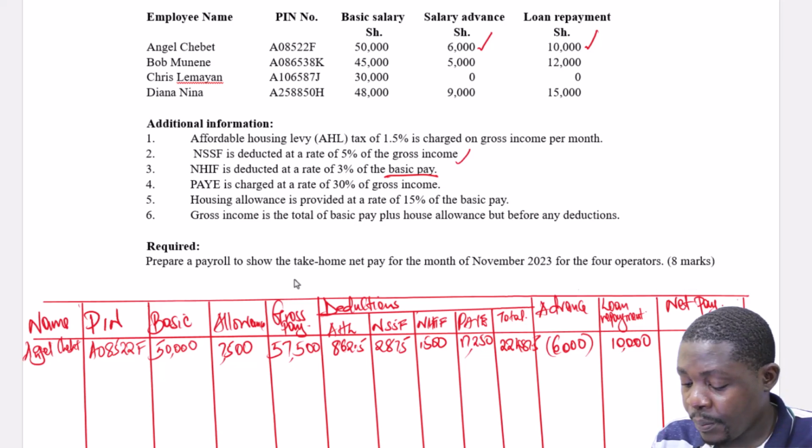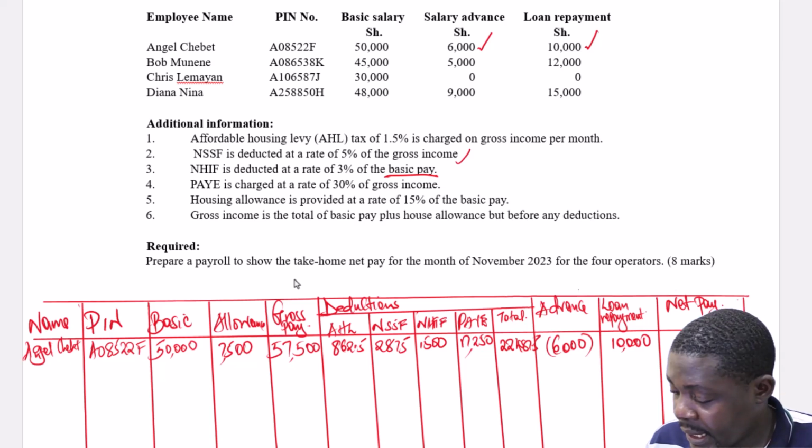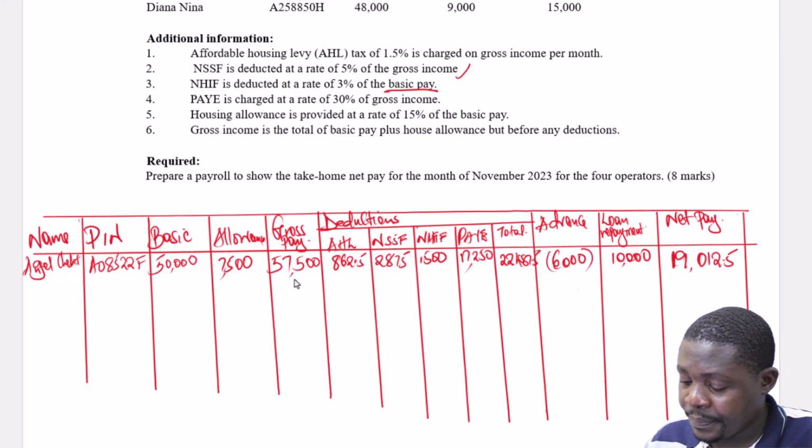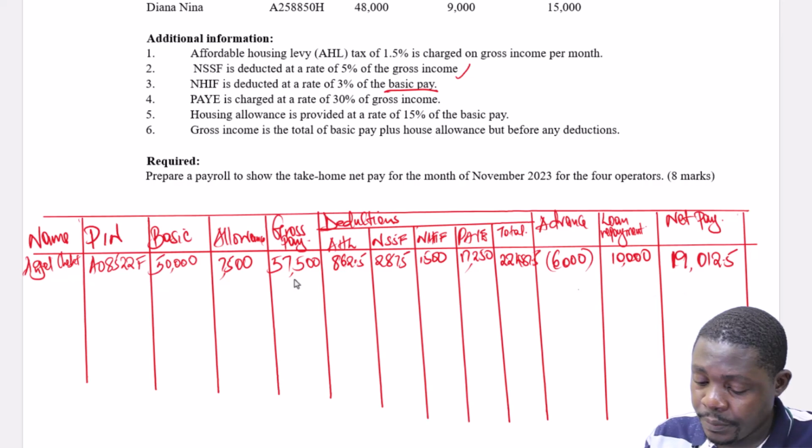Everything from 57,500 minus this one. The money she was to take home is 19,012.5. Then we proceed to number 2.